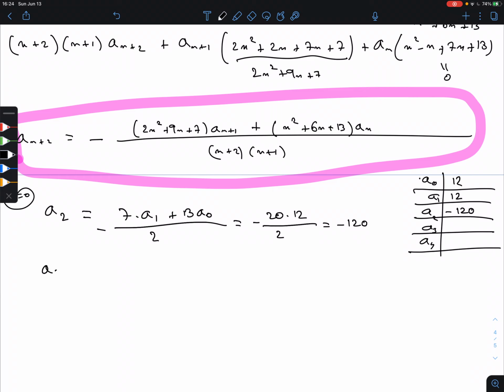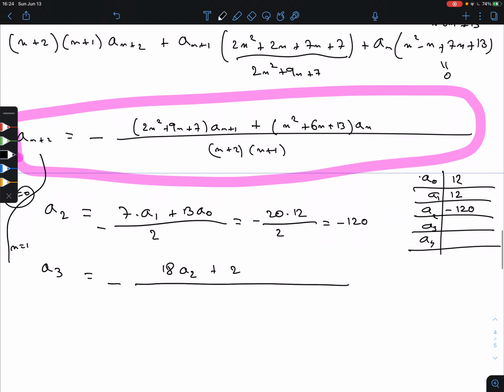Okay, A3, how do we get A3? Well, that is from n equals 1. So we plug this in, so minus, if I plug in 1, I get 18 times A2 plus 20 times A1, over 3 times 2. So this is minus 18 times minus 120 plus 20 times 12, over 6.